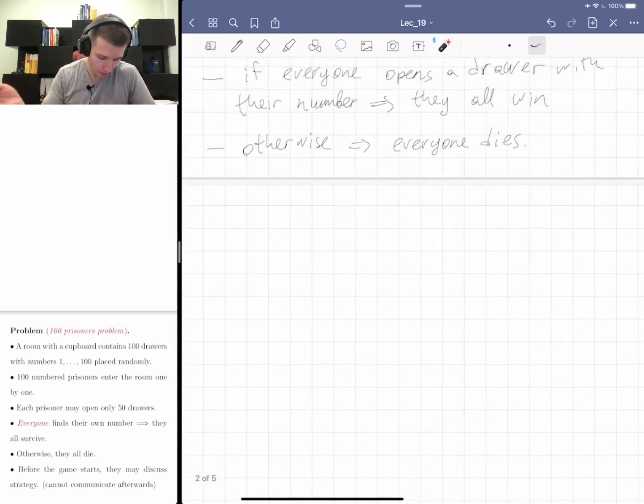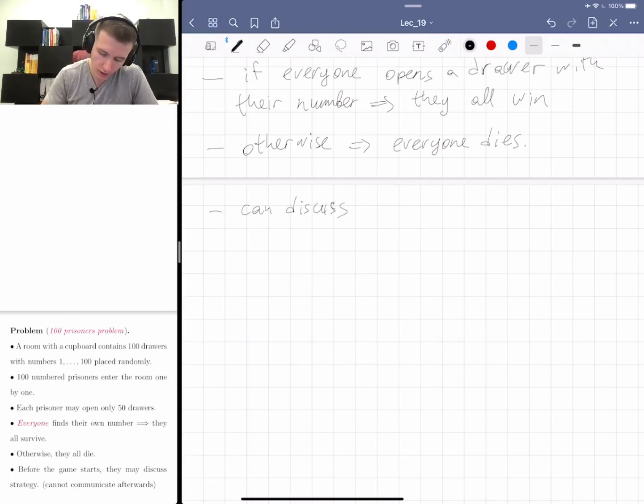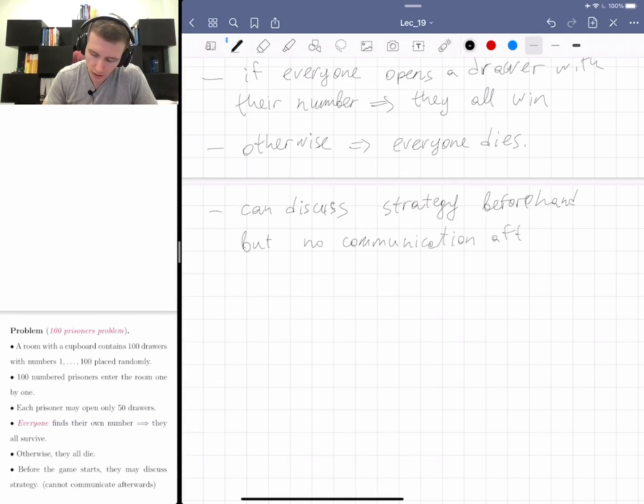So the question is, how do you do that? You are allowed to discuss the strategy beforehand, but no communication is allowed after the game starts.